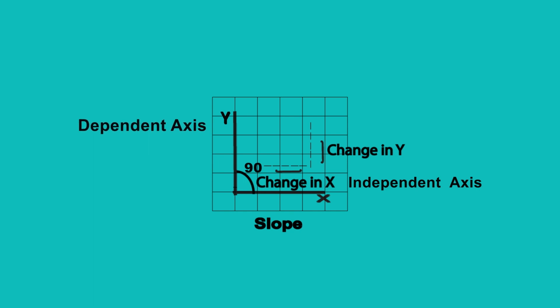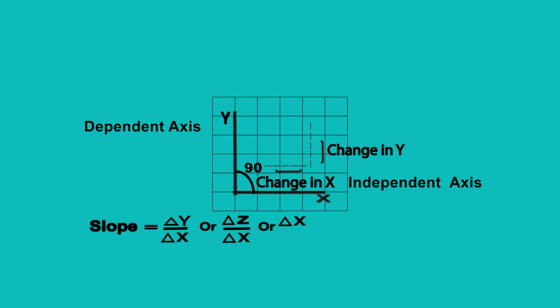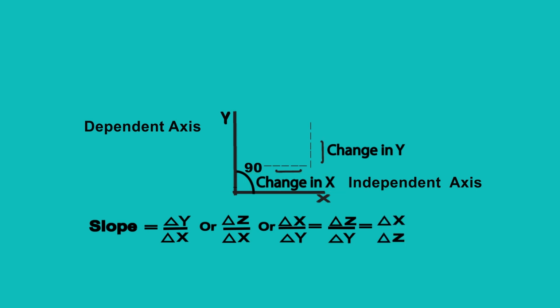It is the variation in dependent axis value with respect to the independent one. In other words, it is the gradient in a 2D plot, like delta y over delta x, or delta z over delta x, or delta x over delta y, or delta z over delta y, delta x over delta z, or delta y over delta z.